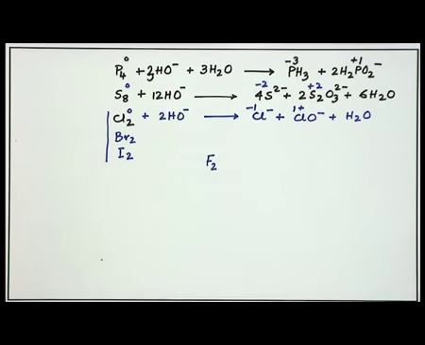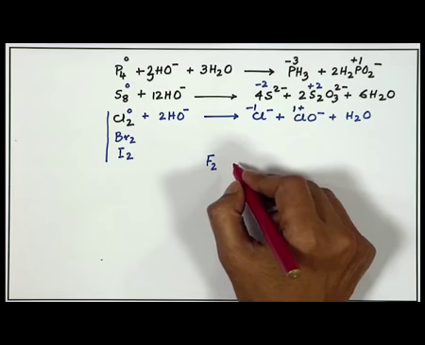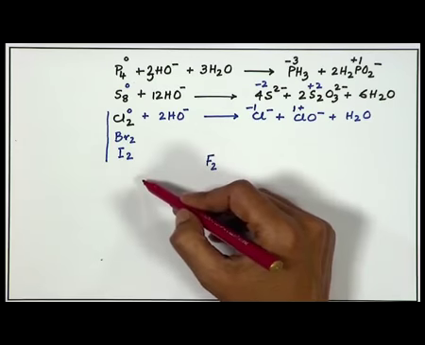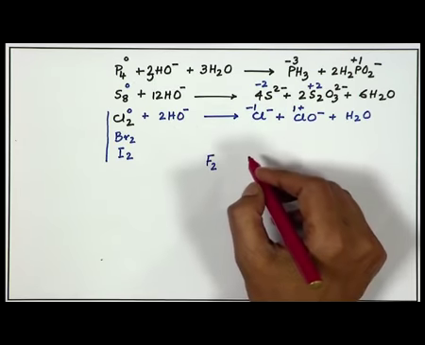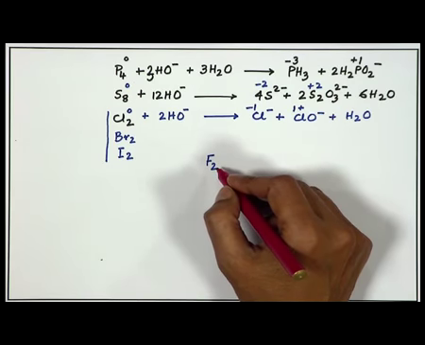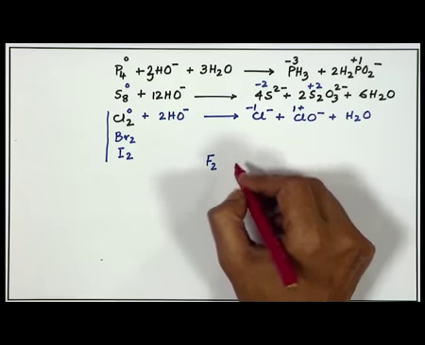Whether F2 can also go for this sort of disproportionation reaction that Cl2, Br2 and I2 are following, but it is not that. So, the F2, the fluorine molecule, does not show this typical disproportionation reaction.